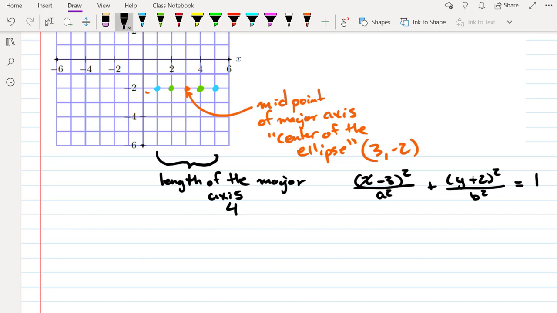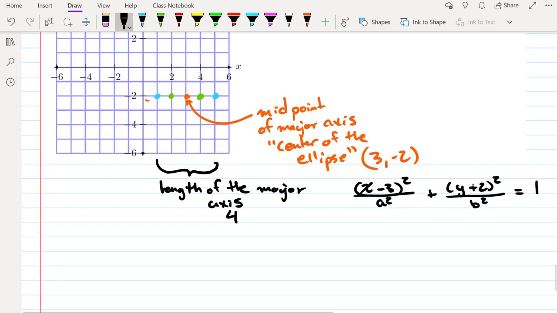So we'll notice we have our foci and our vertices here. Our a value was the distance from the center of the ellipse to the vertex. So this distance right here is a, and this distance is a. In our case, a is equal to 2.